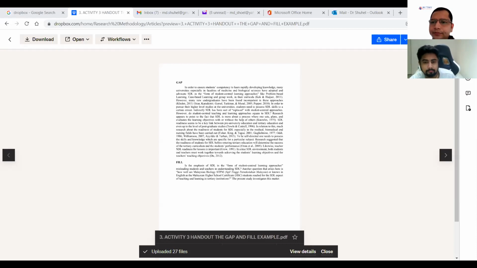There is another gap. Would you like to further read and identify? Researchable.